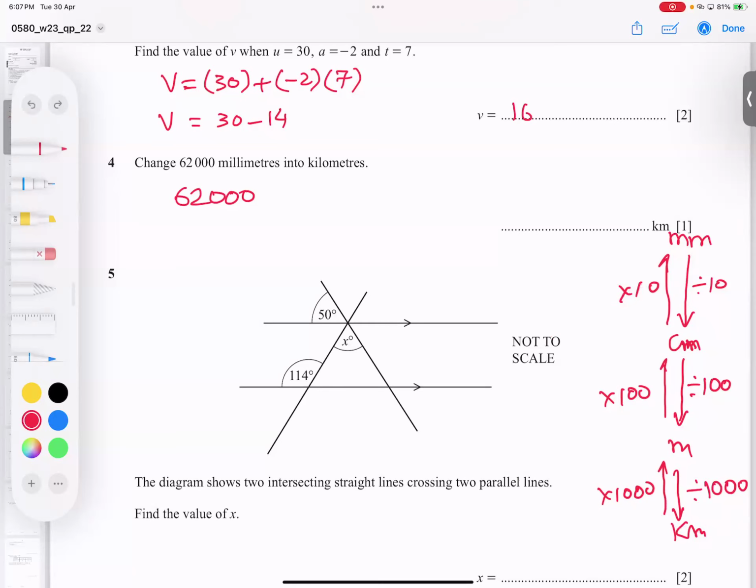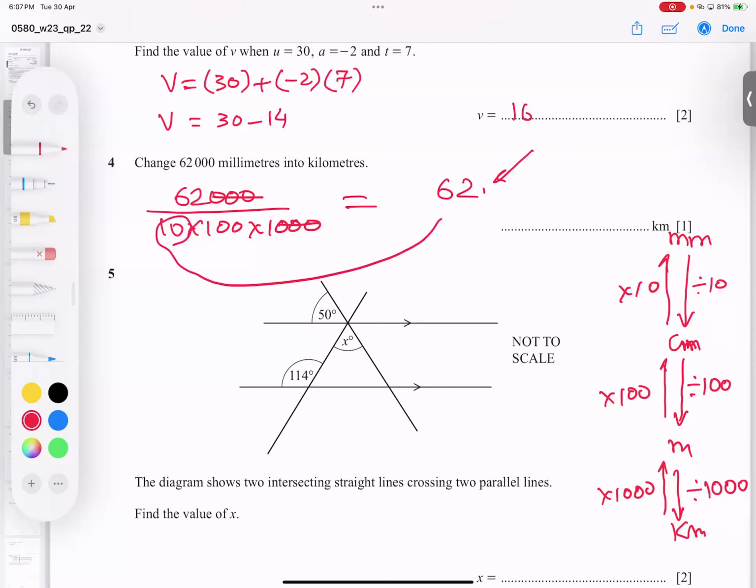So I write 10, then 100, then 1,000. So 3 zeros cancel. Now I have this one. You know, 62 has a decimal at the end. Look, I'm showing you at the end, here the decimal. And due to this, sorry, this becomes 3 zeros.